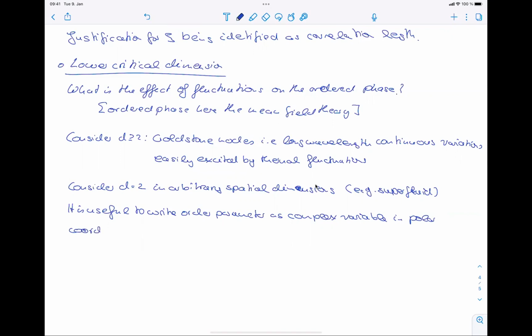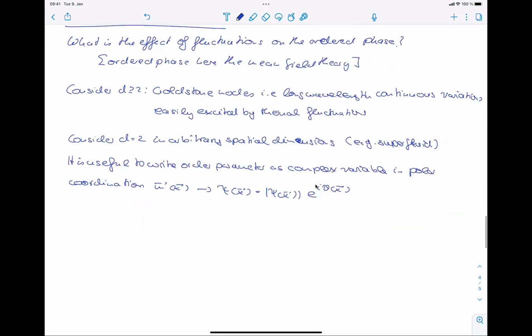So we're lumping both fluctuations together to now write m(x) as psi(x), where I will consider a constant amplitude and an angular variation.